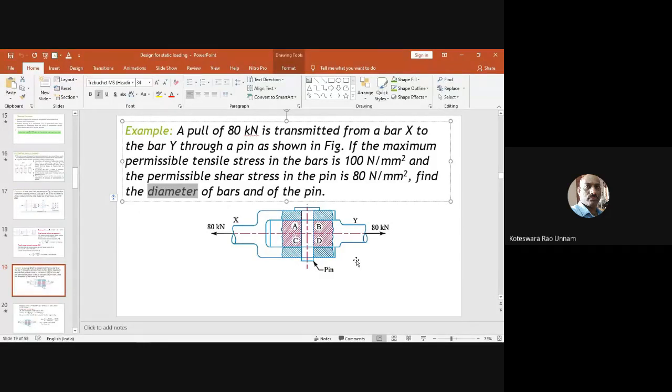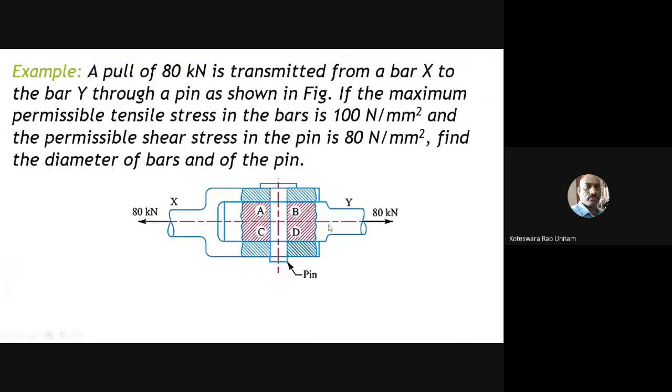Okay, so I know the area, I know the load, then I can easily calculate the stress. Stress is nothing but P by A, but in that P by A, the area is in the form of the unknown diameter D.